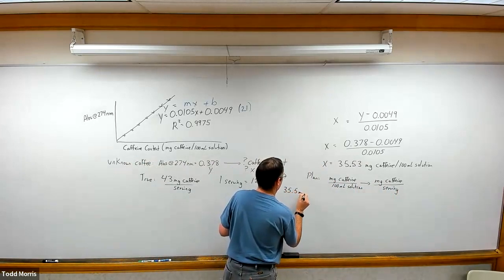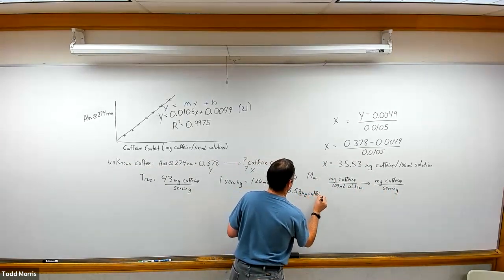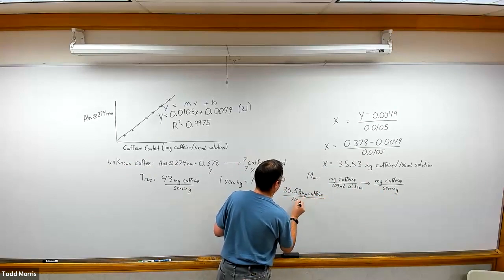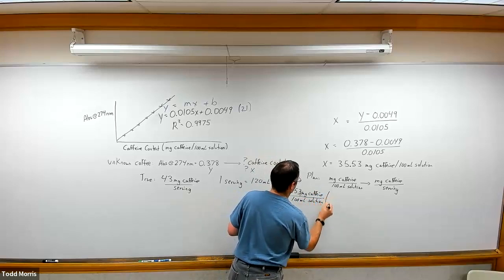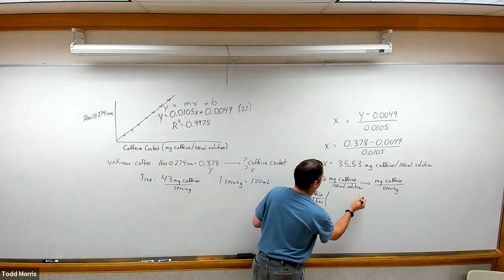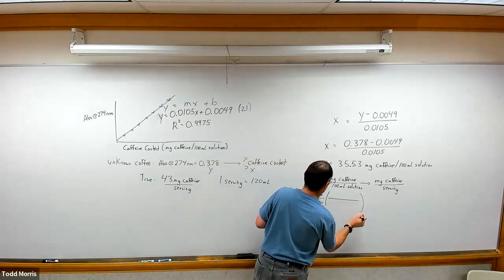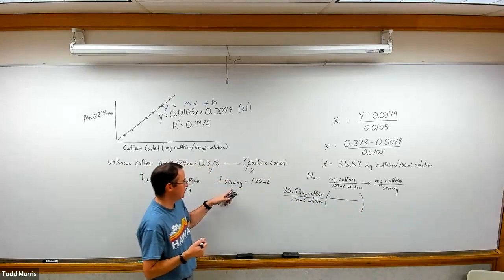35.53 milligrams of caffeine per 100 milliliters of solution. Using our definition of serving as our conversion factor, as always, we want to make sure our units work out like they're supposed to. So I want to get rid of milliliters of solution and be left with servings.